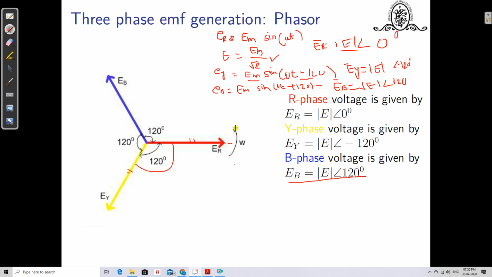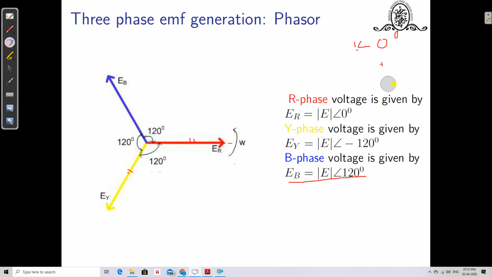Plus 120 means leading the reference by 120 degrees. So this phasor is EB. Magnitude wise it is equal to ER. So magnitude wise ER, EY, EB are equal, and only the phase angle difference is 120 degrees. This is how we can draw the phasor diagram for three phase voltages in an alternator.